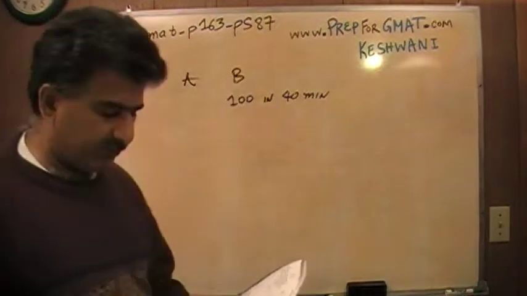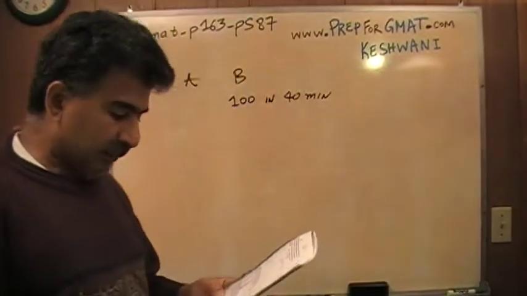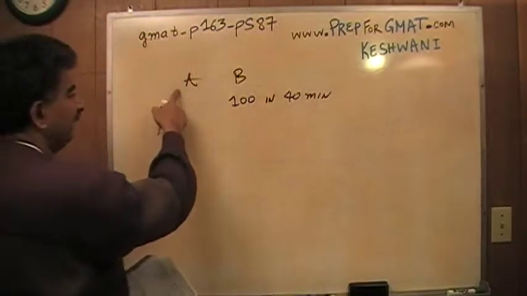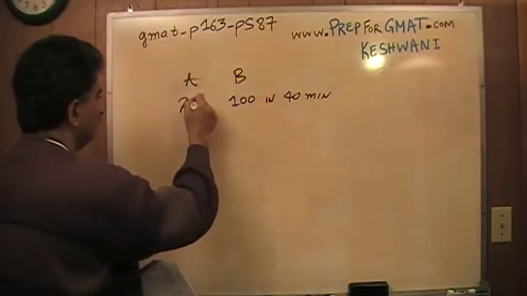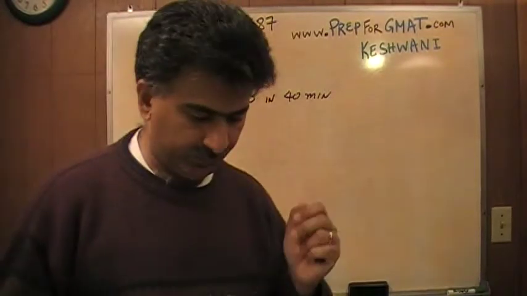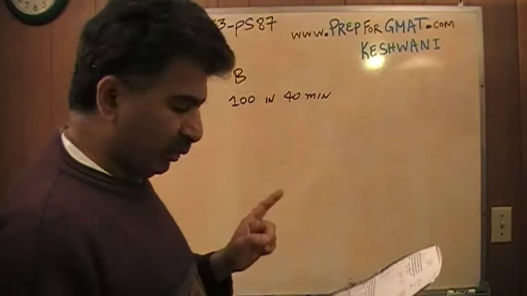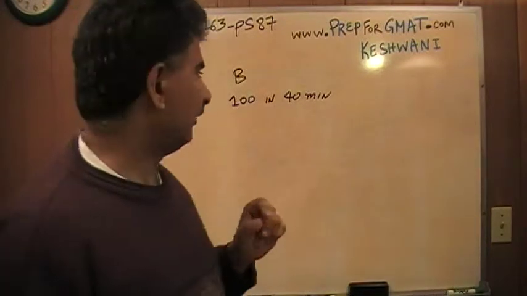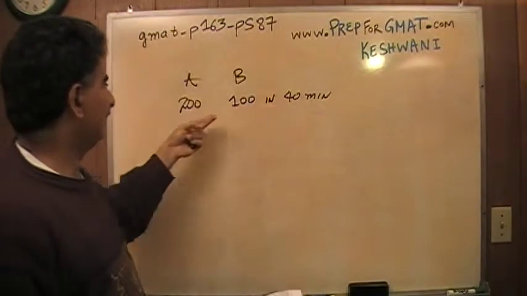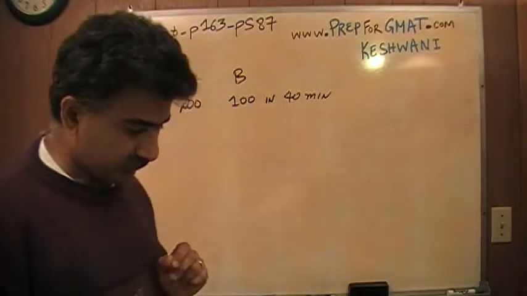And since the first sentence tells me that machine A produces 100 parts twice as fast as machine B, then A must make 200 parts in 40 minutes. Because again, machine A produces 100 parts twice as fast as machine B does. Machine B makes 100 parts in 40 minutes, and since A produces twice as fast, A must make 200 units. That's all it is.